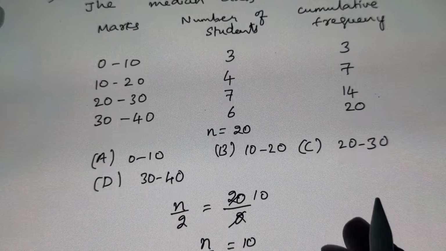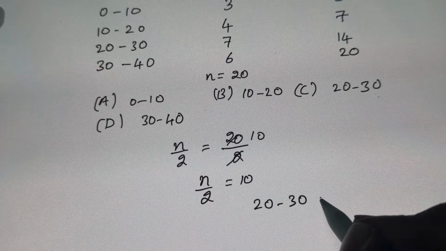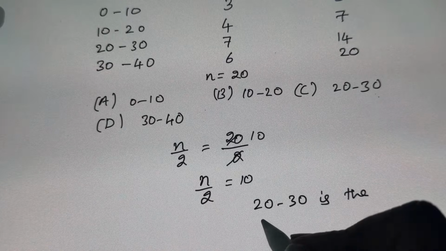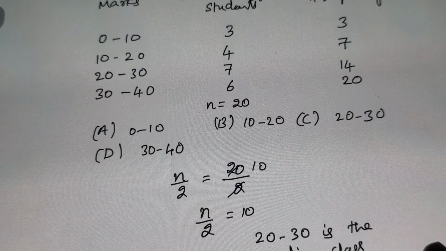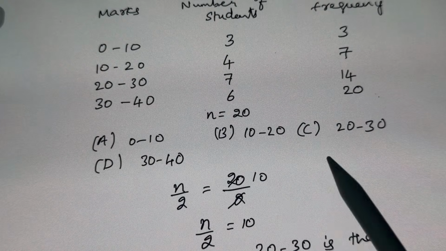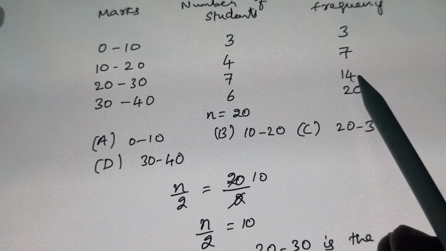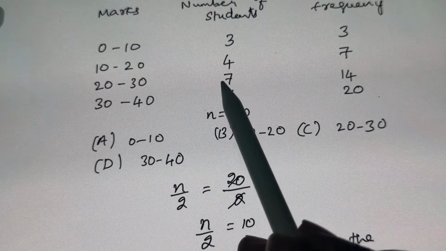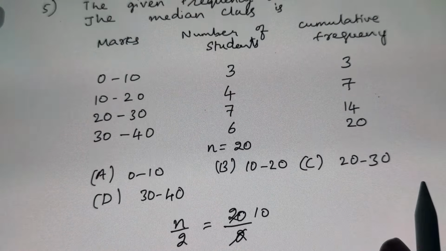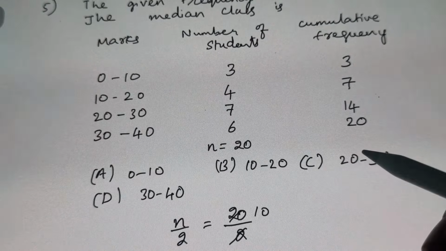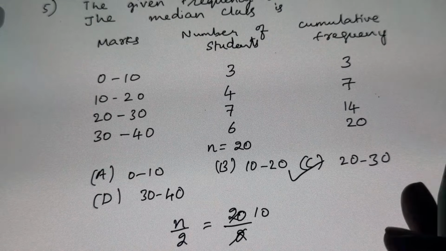So n by 2 is 10, and the next value after 7 is 14, so we have to carry on to the given class, 20 to 30. Therefore the median class of this distribution table is 20 to 30, which is C. You have to take the given answer as C.